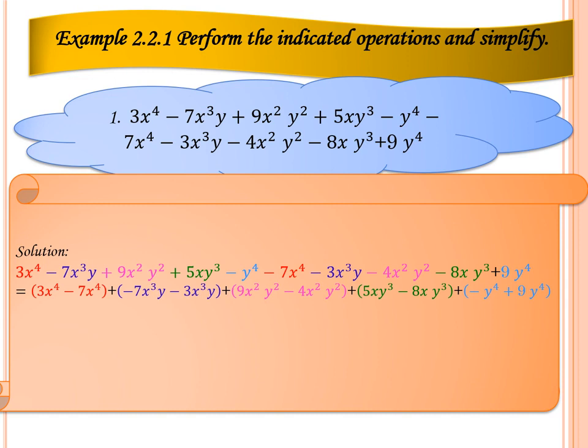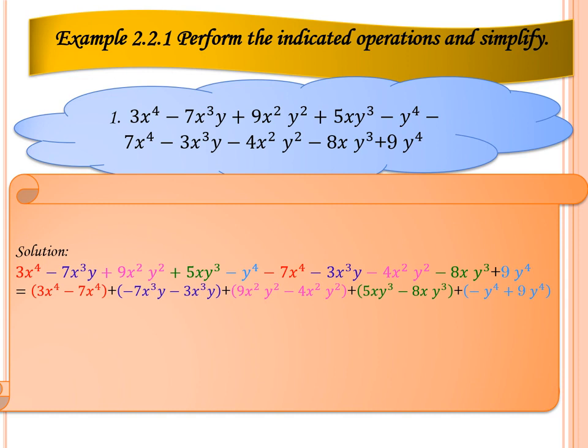Plus, sa negative 7x cubed y, at saka sa negative 3x cubed y, yung kulay purple, sila naman ulit yung i-grupo natin since they are like terms. Next, yung kulay pink dyan, that is 9y squared x squared minus 4x squared y squared.